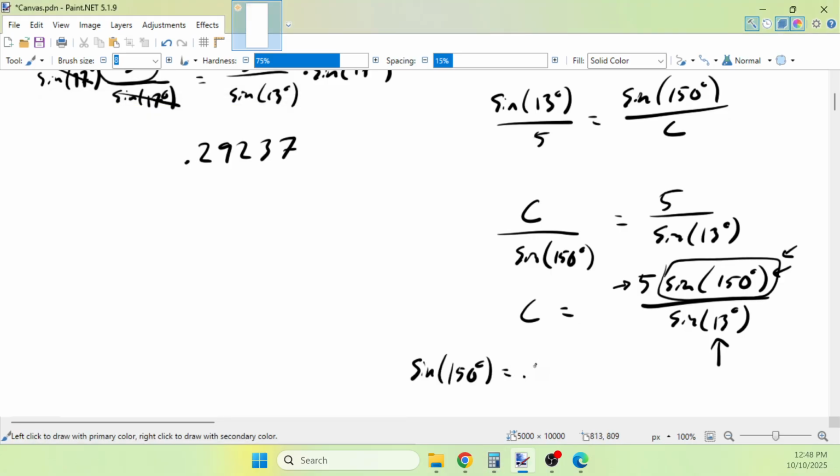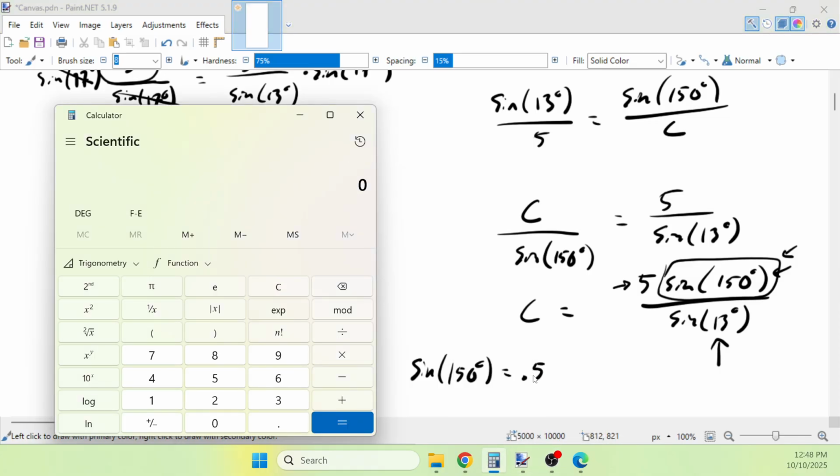I should have known special angles, but if I don't, then I can use my calculator. And then I want 13 degrees. I want to take the sine of that, the reciprocal of that, then multiply by 5, and multiply by sine of 150.